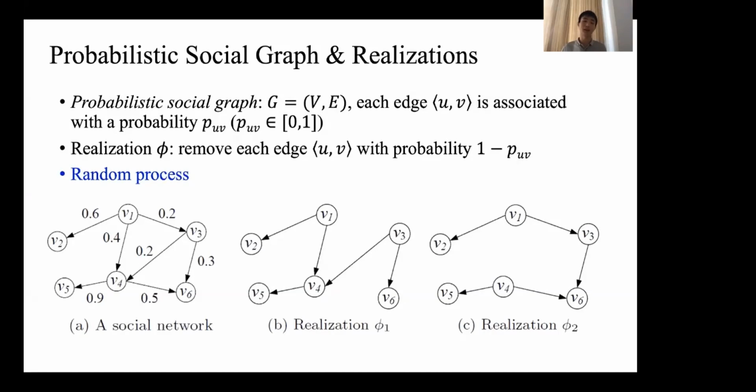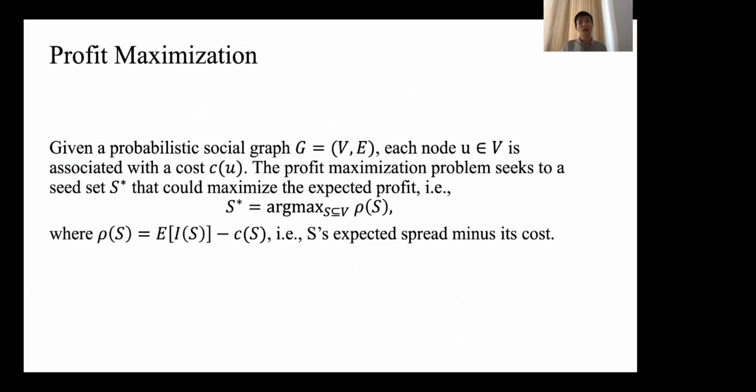This is a random process. And our target is to maximize the profit by selecting seed users from the social network. Note that the profit metric combines the revenue of influence spread and the cost of seed selection. So I believe the company or the advertisers care more about the profit rather than the revenue, right?